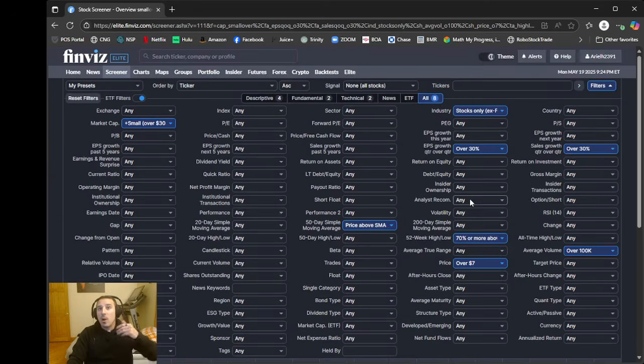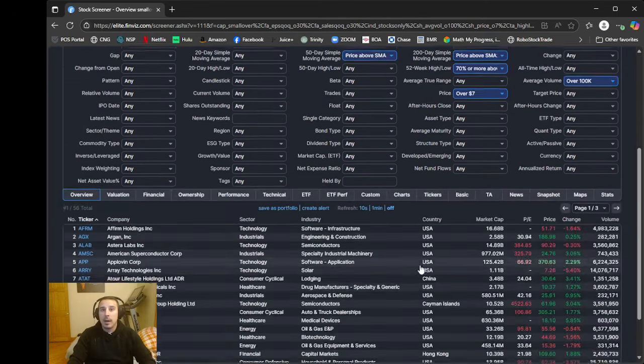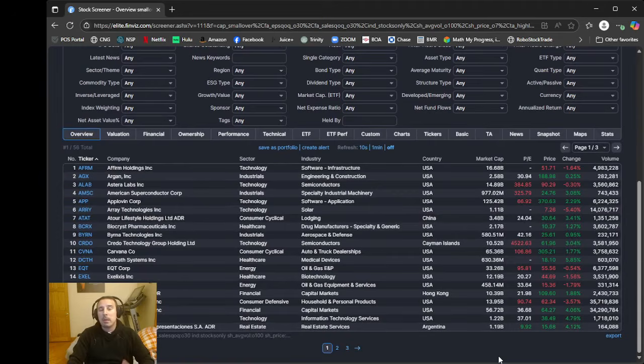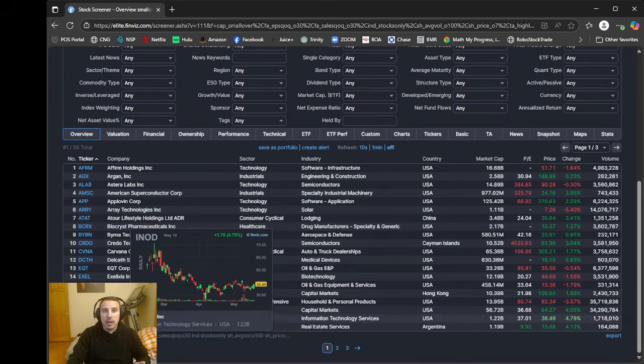Well, if you're like, hey, look, this market has been super strong, if you're not above the 200 simple moving average, I don't care about you either. So price above the 200 SMA. What does that do? It still leaves us at 3 pages, but maybe knocked off a few tickers. And then you've got this really nice list of charts.